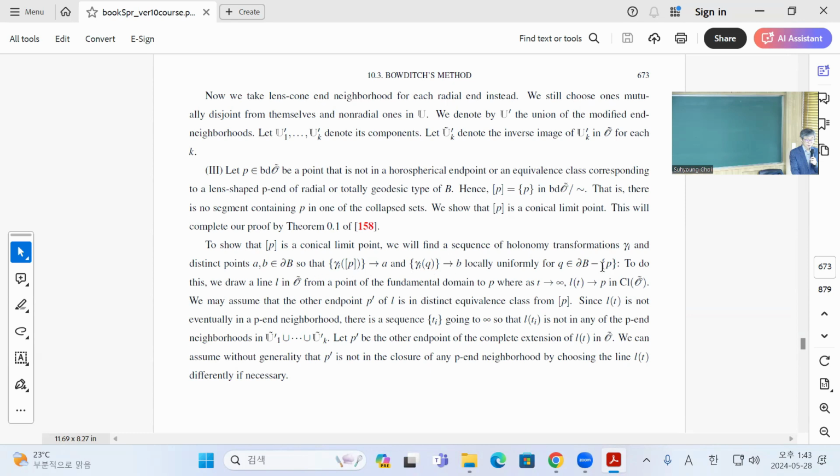Okay, so for any point here, we just draw some line from the fundamental domain to the P, and then as t goes to infinity, L_t goes to P, and then the other endpoint is in a distinct equivalence class from P. So you can assume that.